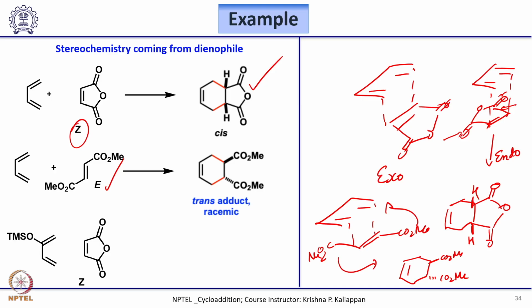But if you have a substituent in the diene, then you will get the corresponding enol TMS ether. Okay. So what is important is that the stereochemistry of the diene or the stereochemistry of the dienophile is 100% retained in the products.